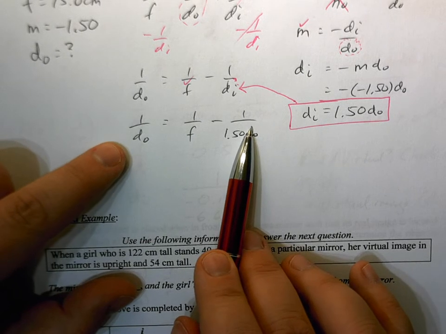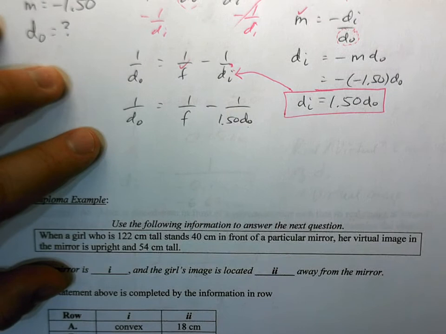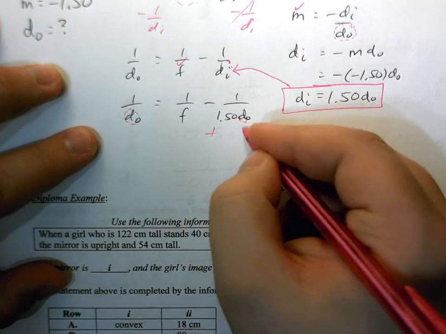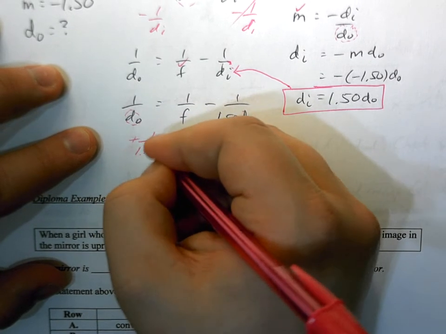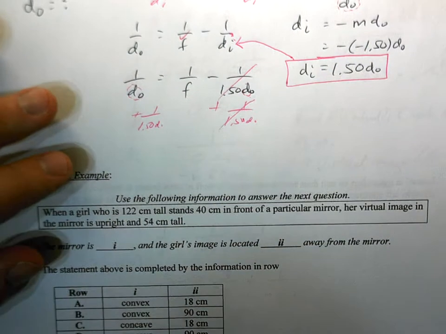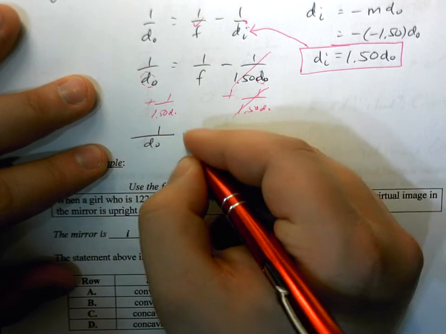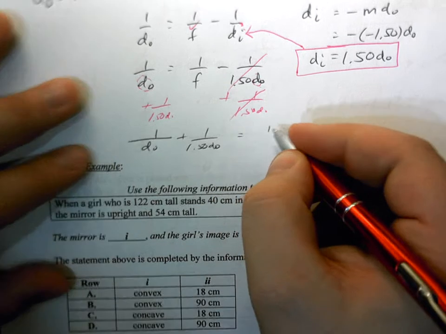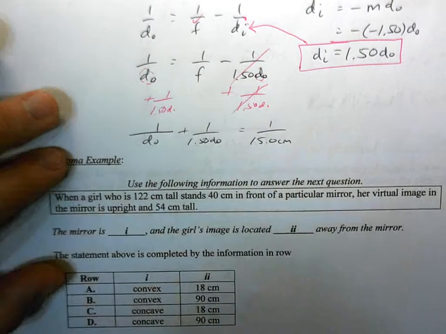I got ahead of myself. So I'm going to add this 1 over 1.50 DO to both sides. So I have 1 over DO plus 1 over 1.50 DO equals 1 over this focal length, which I can plug in now: 15 centimeters.